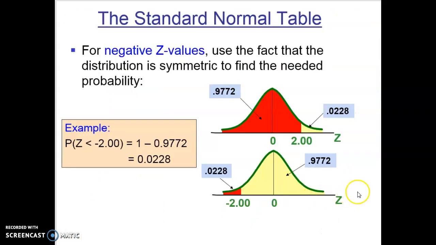You're going from the right tail all the way to a negative 2. Okay. Because it is symmetrical, though, you get the same value. So the probability of getting a z-score all the way to negative 2 is 0.9772, which means the probability of getting a z-score less than negative 2 is 0.0228.